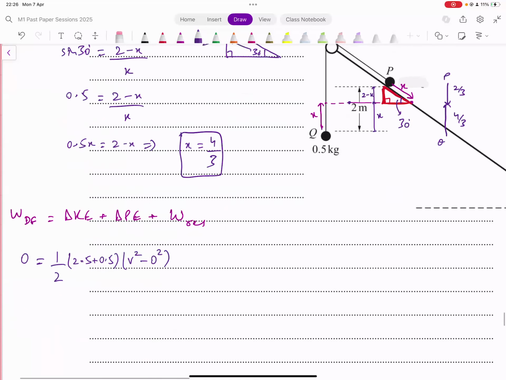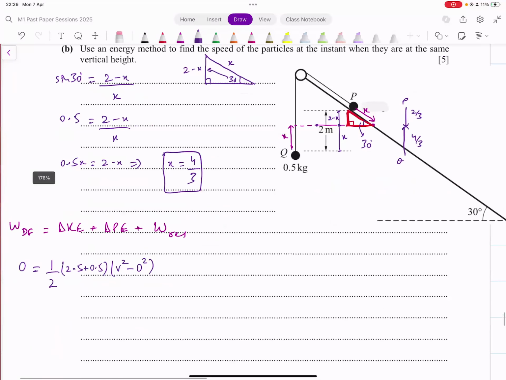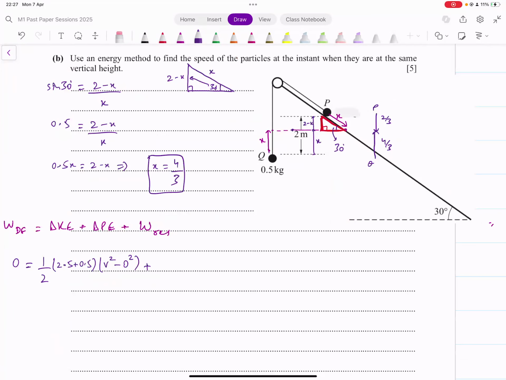So can we find the change in potential energy now? Change in potential energy for Q: mgh, the mass of Q is 0.5, into g, which is 10, into height. Its height is increasing by X units, which is 4 over 3. Change in potential energy for P: P is going down.